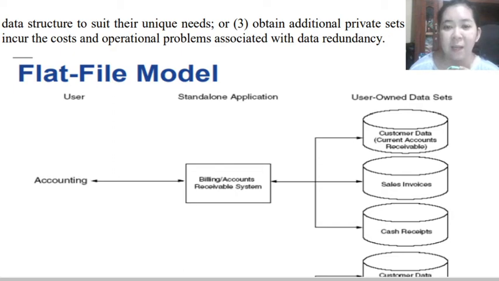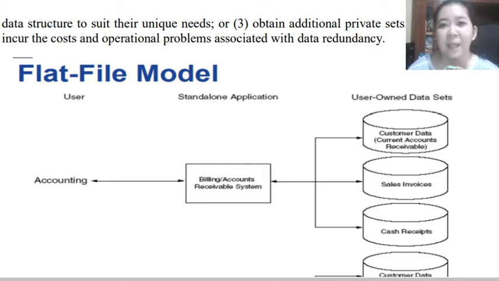That's why in some instances, if updating is not made for all the users of this information, then they might rely on information that is not recent. So that is for the flat file model.